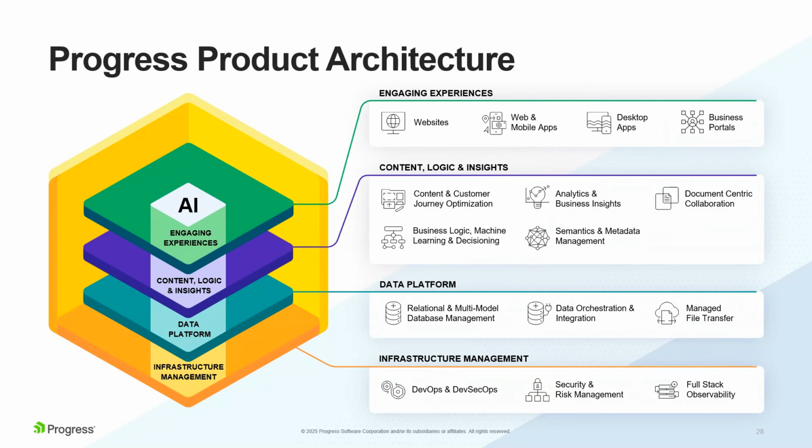Everything from building mobile and desktop apps to engaging website construction and publishing to serious business logic, decision trees, and analytics is included. You'll be able to enable document-centric collaboration and manage your relational and multimodal databases. You can unlock your data value, accelerate insightful decisions, and securely achieve digital or data agility.